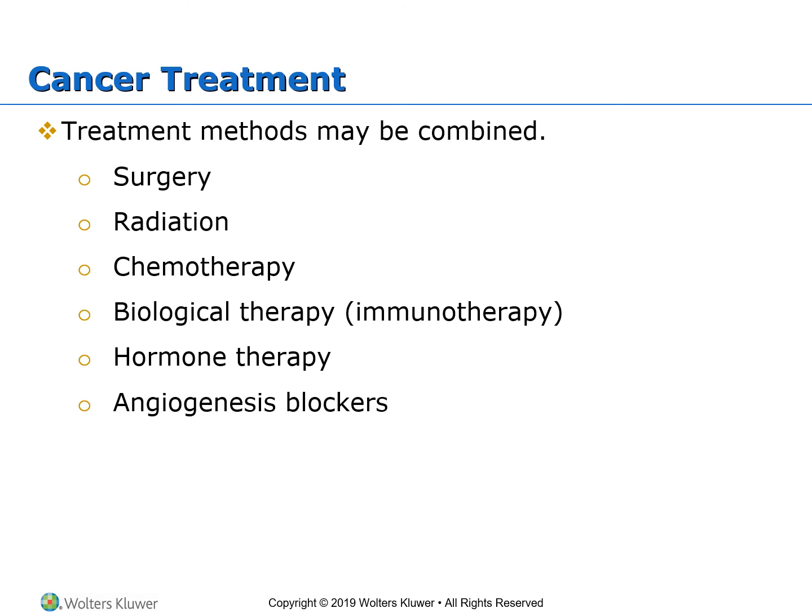And we have what is called angiogenesis blockers. And just to explain that very, very quickly for you, a tumor growth is highly dependent on the amount of vascular supply that the body can provide. Angiogenesis, it can be translated, angio means blood vessels, genesis means creation.